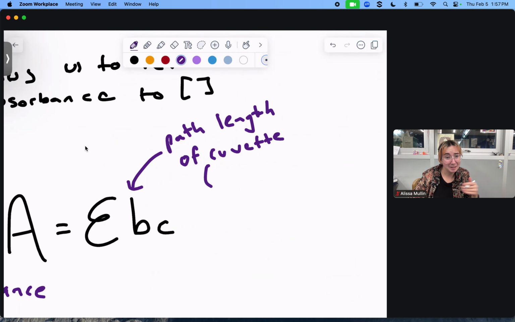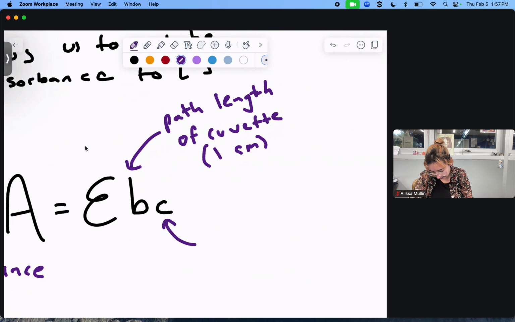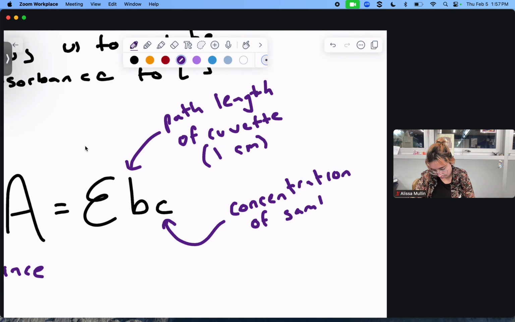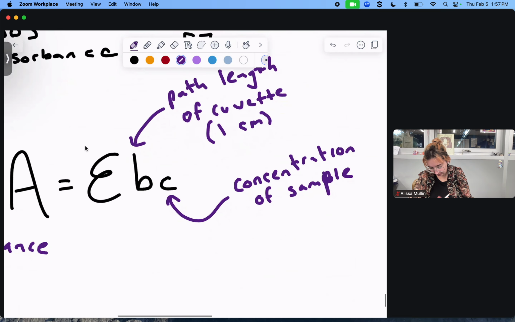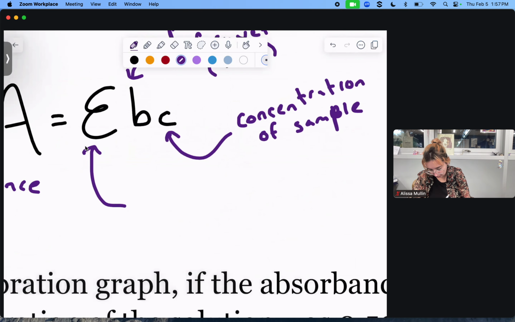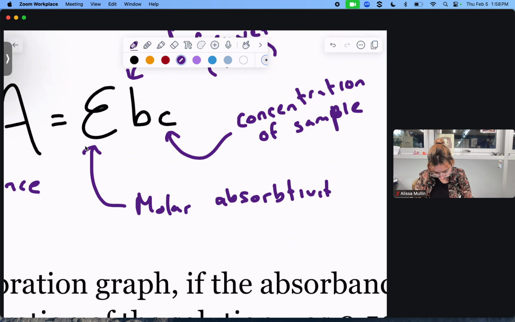We get to design the machines, so we have standardized those, and they're always 1 centimeter. C is the concentration of the sample. And then epsilon is something called molar absorptivity. That is a property of your substance.